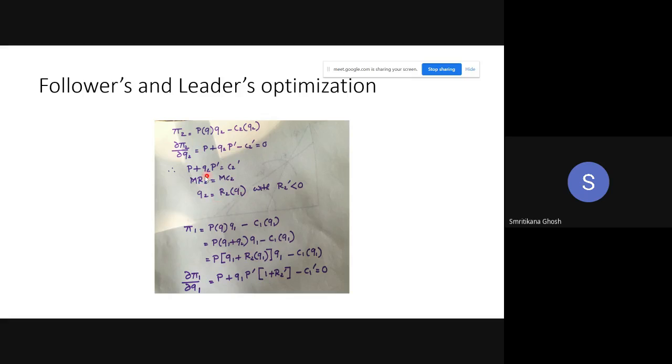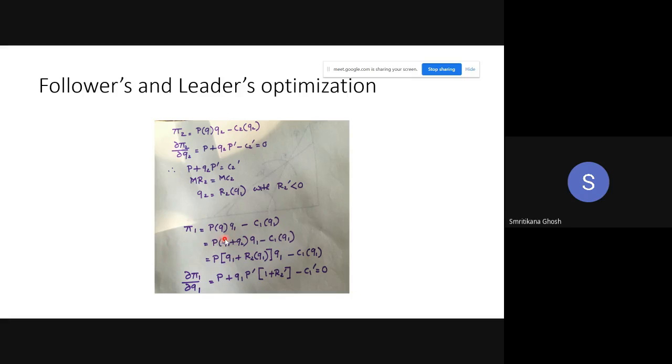And if you differentiate it with respect to q2, you get the reaction function. So for the follower, q2 is a function of q1. This is actually the reaction function of the follower. So the follower is done. Now what about the leader? Leader is here, pi 1. Again, this equation is very similar to the follower's.